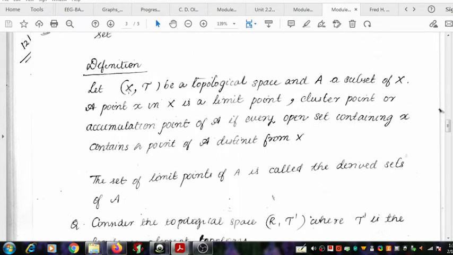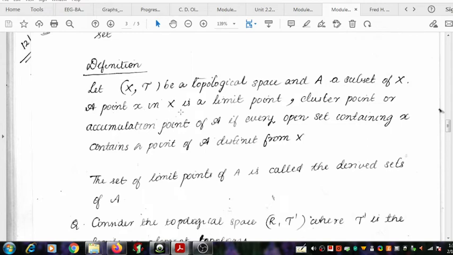We consider a topological space (X, tau), and let A be a subset of X. We take an element small x of the underlying space, capital X. It's a limit point of A if every open set which contains x contains an element of A other than x.